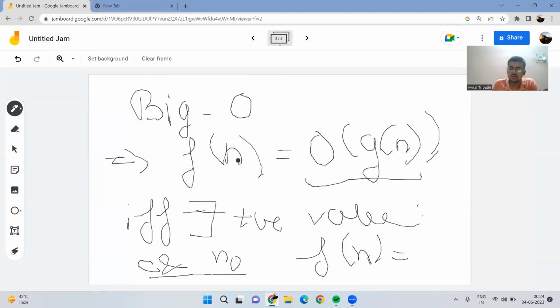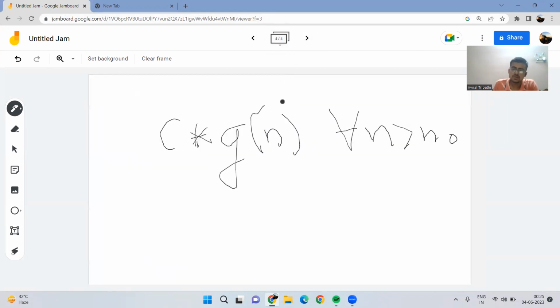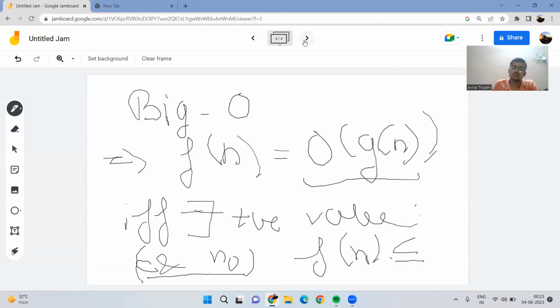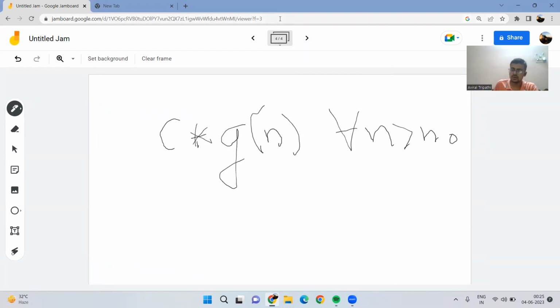So f(n) is equal to big O of g(n) if for every positive value C and n naught, f(n) is, now ideally this would be equal to, but since we are discussing the big O notation, this should be less than or equal to.